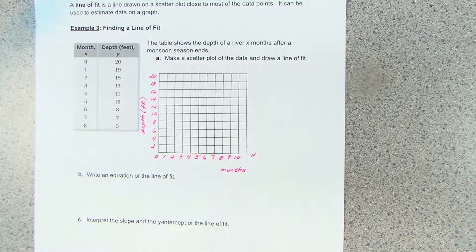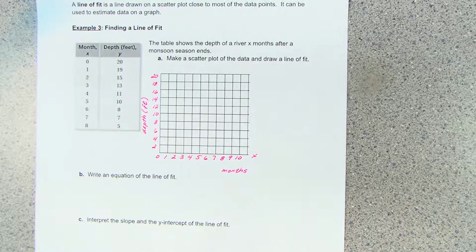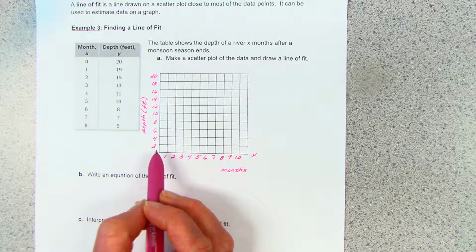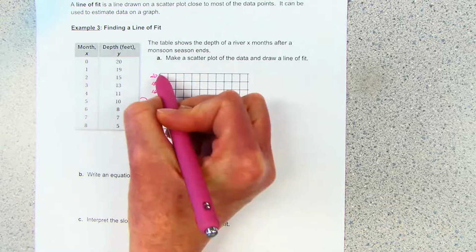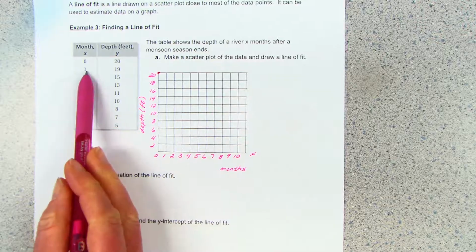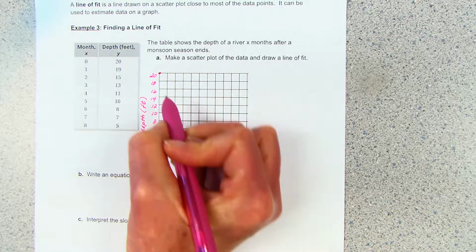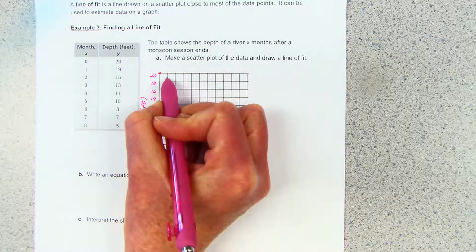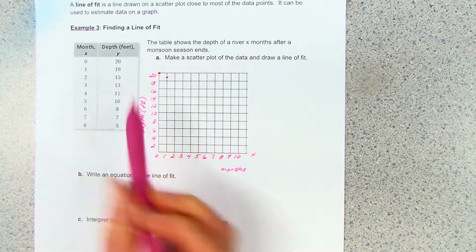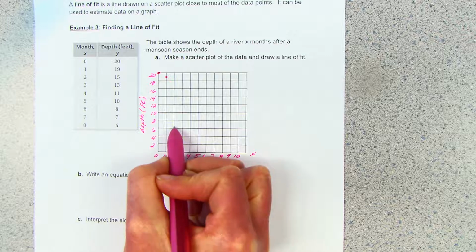Okay. And then we just need to plot points. So 0 months after the end of the monsoon season, the water is at its highest at 20 feet. Then 1 month later, it's at 19 feet. 2 months later, it's at 15.